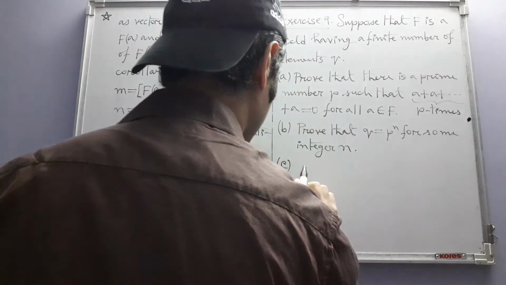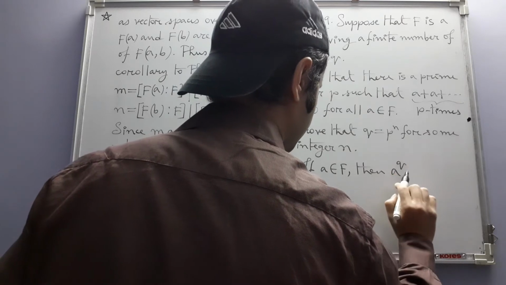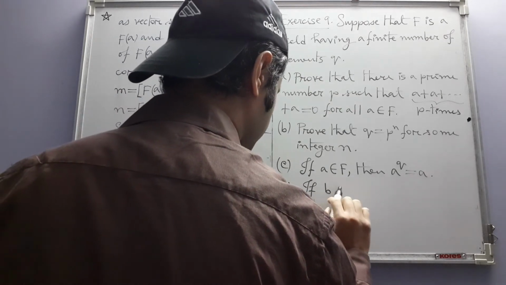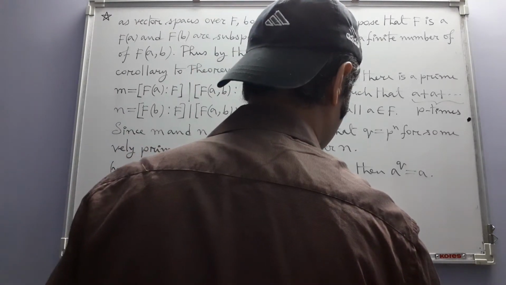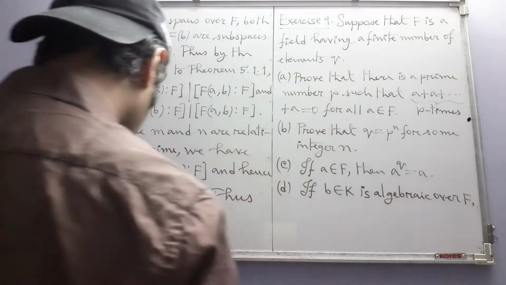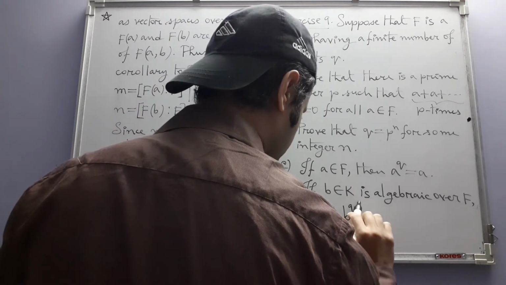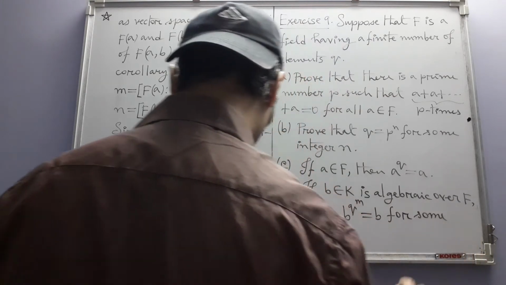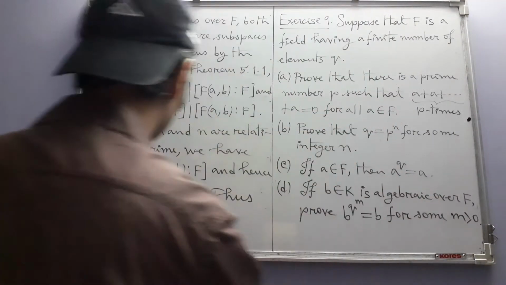Part C, if A belongs to F, then A to the power Q is equal to A. Part D, if B belongs to K, where K of course is some extension of F, and this is algebraic over F, prove that B to the power Q to the power M is equal to B for some positive integer M. Okay, so in a finite field these things will happen.